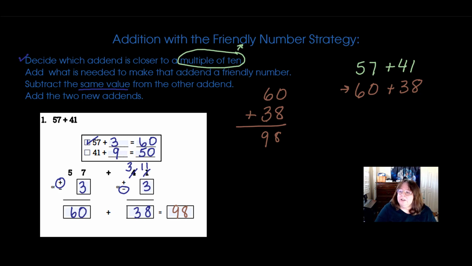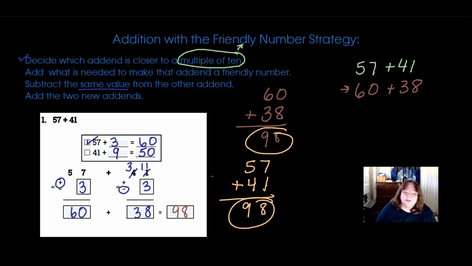Now let's just check and see if this works. Let's add 57 and 41. 7 plus 1 is 8. 5 tens and 4 tens, 9 tens. Well, look at that. We got the same answer. This one is easier to do mentally.